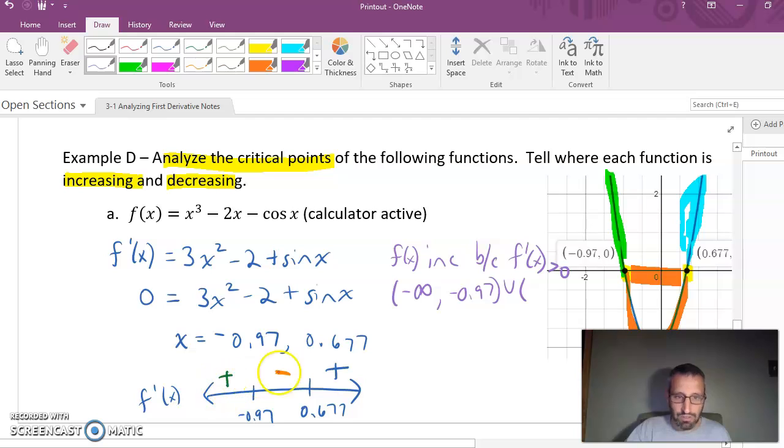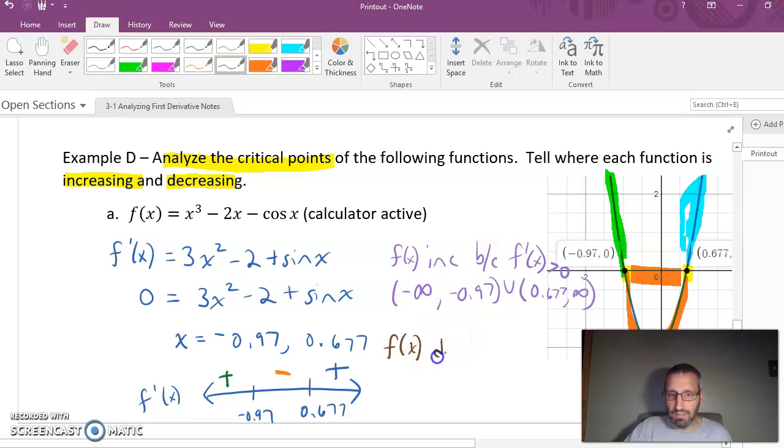That's this section over here. But then we also go from 0.677 out to infinity. And those are our increasing sections, because the first derivative is positive.